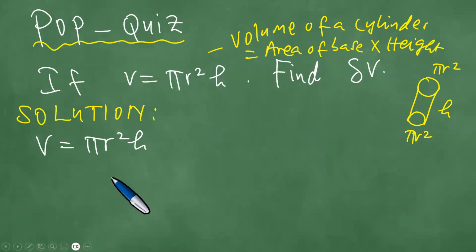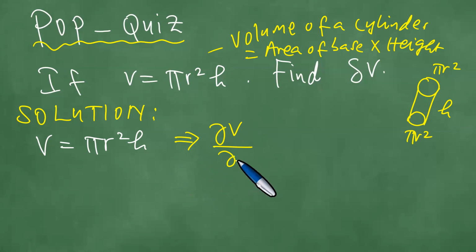But okay, that is done at school. For us at university, we're interested in finding this. There are two things we find here first: the partial derivative of V with respect to r.